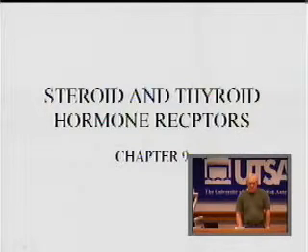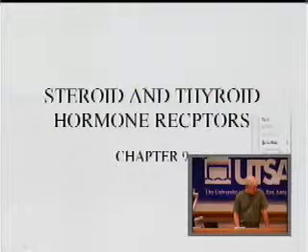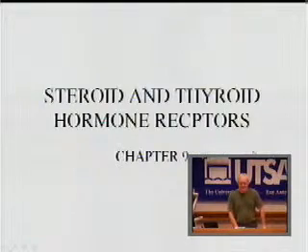We are considering Chapter 9, steroid and thyroid hormone receptors. Well, there should be another E in there. Thyroid receptor and mechanisms of action of thyroid hormones, as I said, will be discussed in a subsequent lecture when we look at the HPT axis in detail.